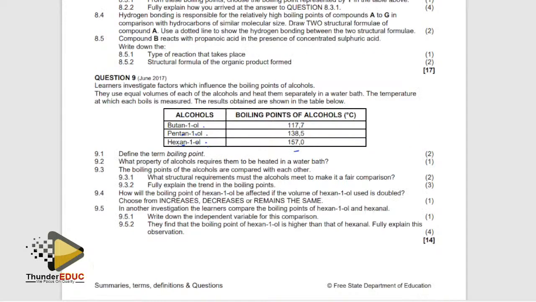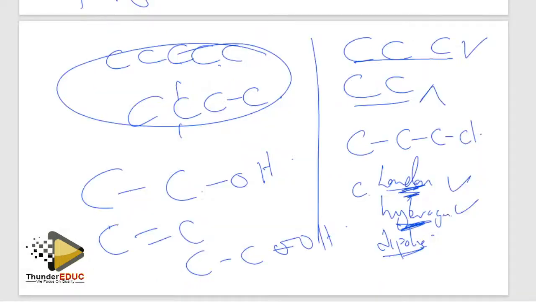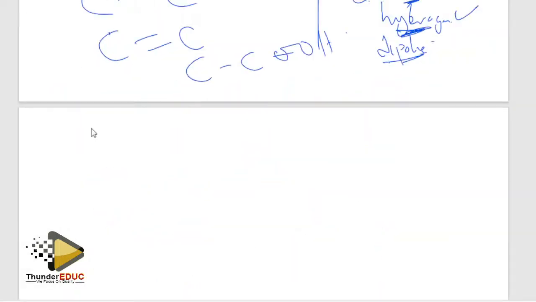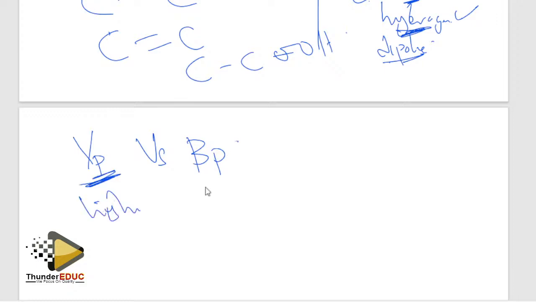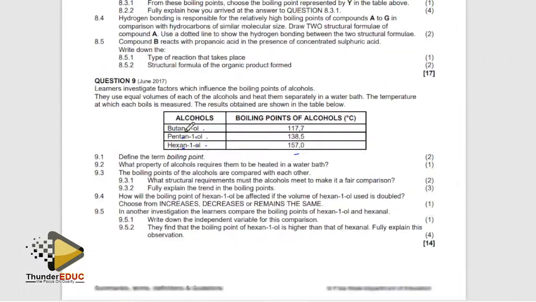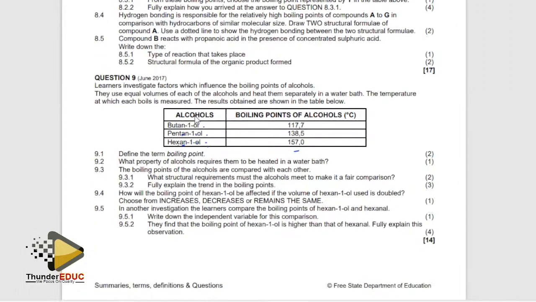How does vapor pressure relate to the boiling point? When we talk about it, the higher the vapor pressure, the lower the boiling point. You understand? You must know that. But now, if I have a compound like this, yes, this compound has a lower boiling point. This one has a higher boiling point.